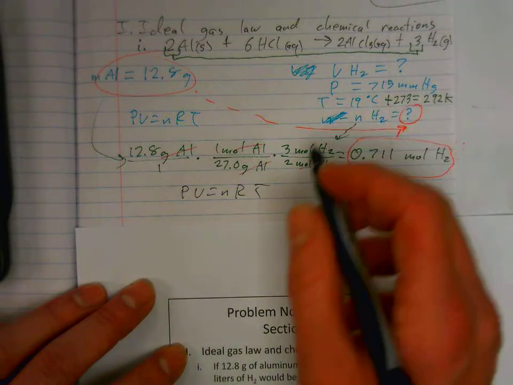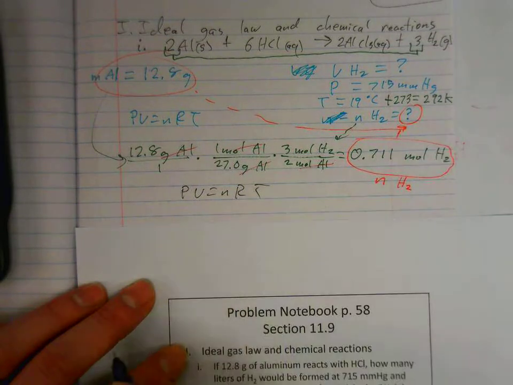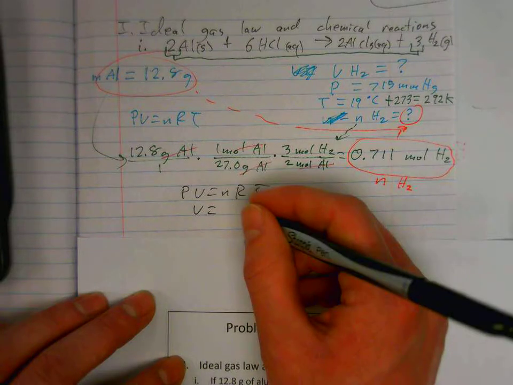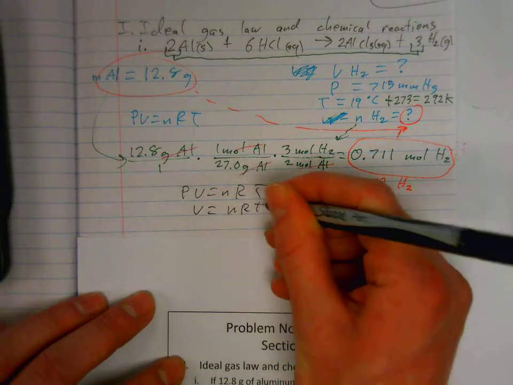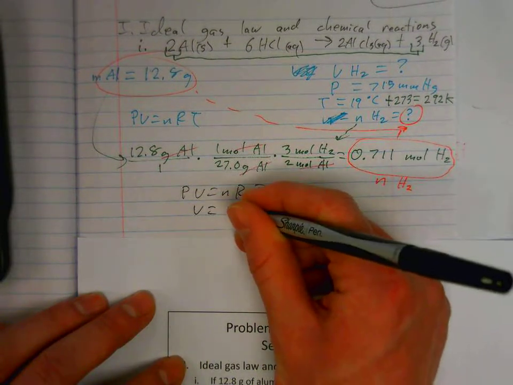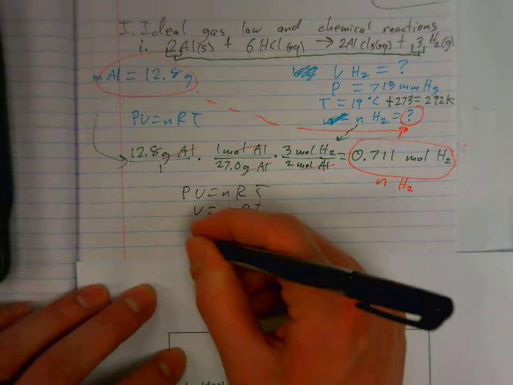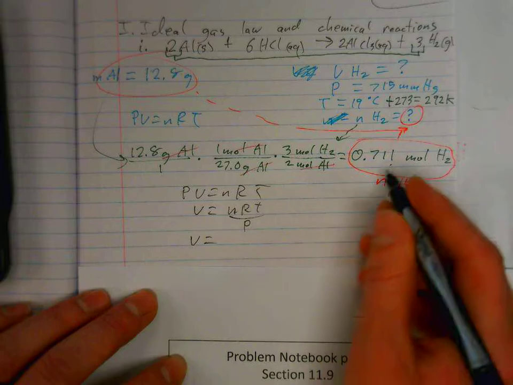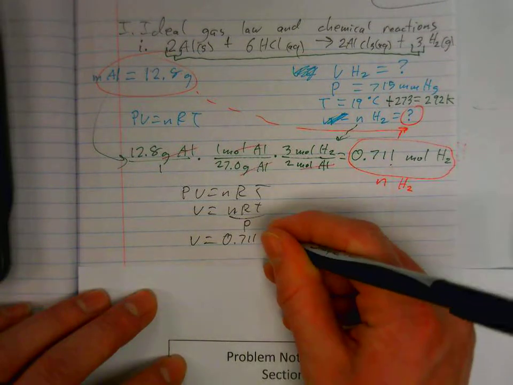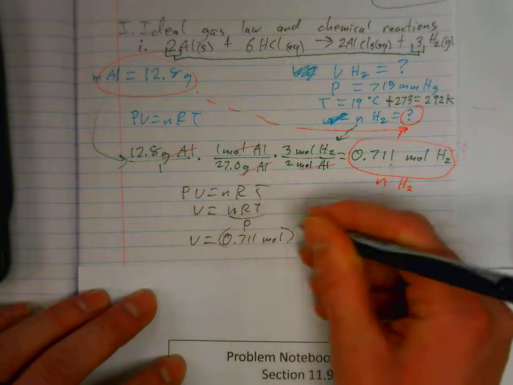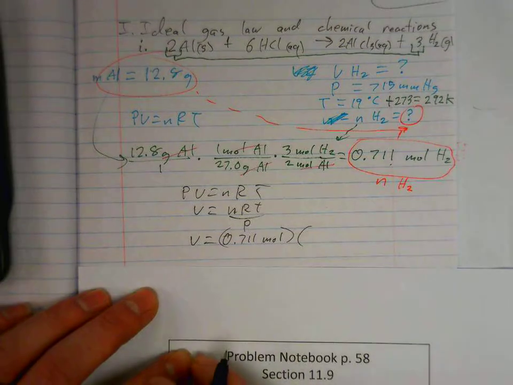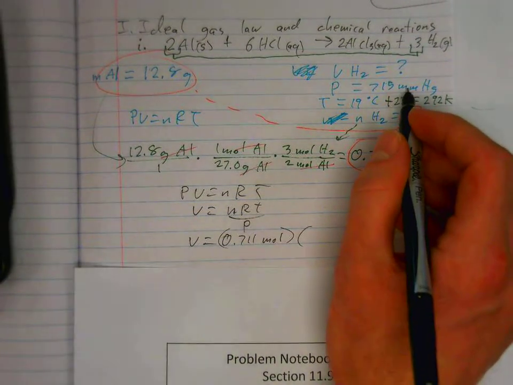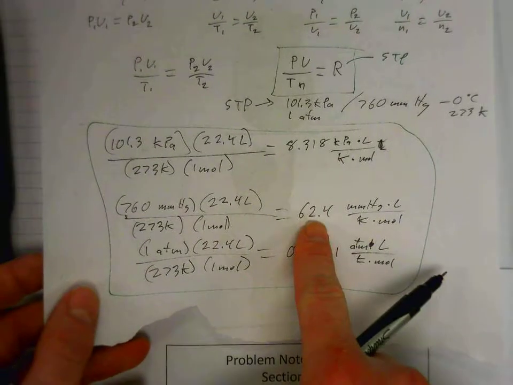Let's solve for the unknown, the volume. V then is nRT over P. And so we have for N, substitute the numbers, 0.711 moles. R, it depends on the pressure unit. Since we have this pressure unit, we'll want to use the value of 62.4 millimeters of mercury times liters over Kelvin moles.